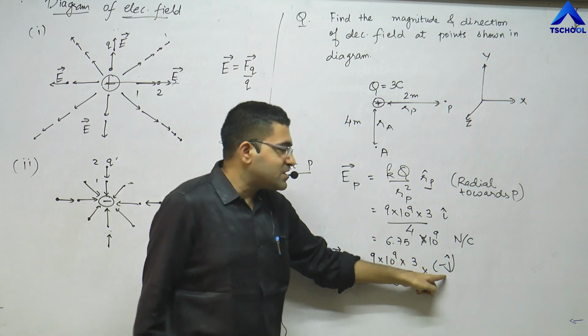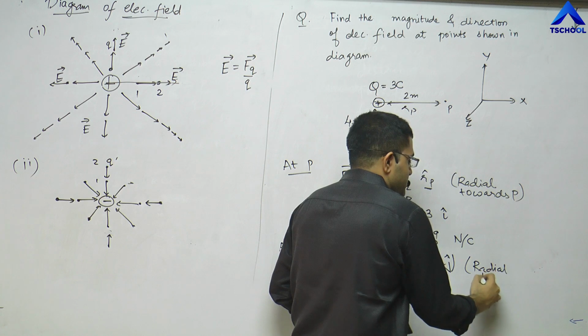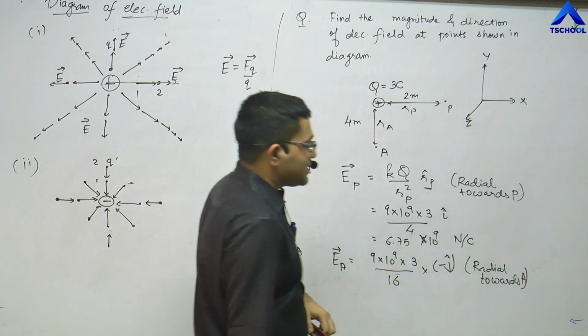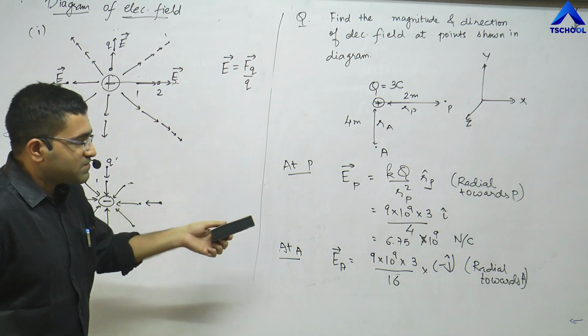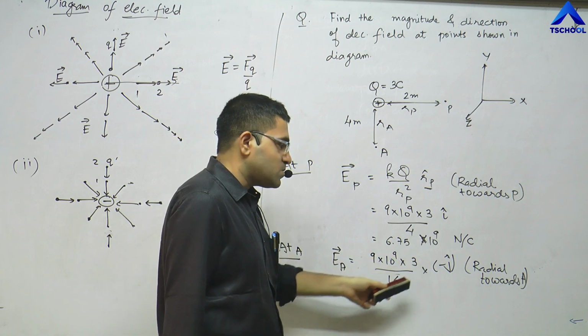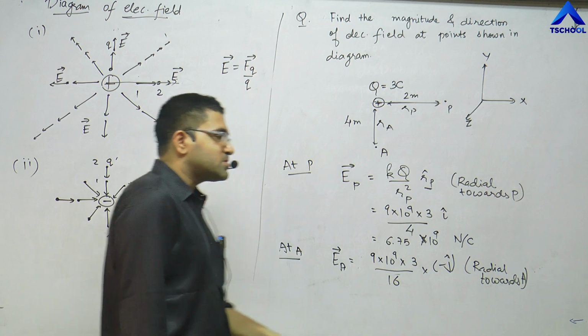So I should be writing minus j hat. Again, be careful of the direction because this is supposed to be radial towards A. So that's why we have 9 into 10 raised to 9, that's k, q by distance squared, and direction is minus j hat.